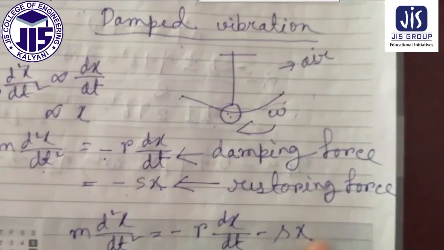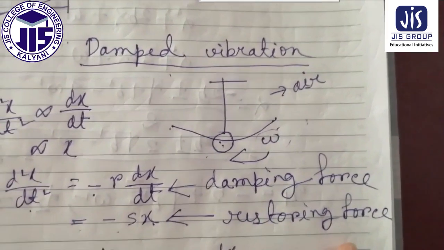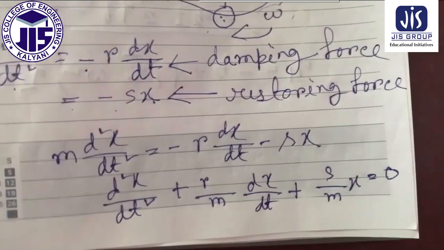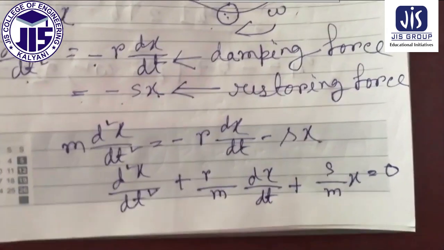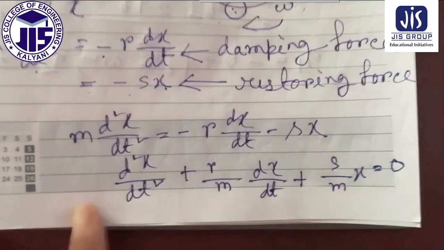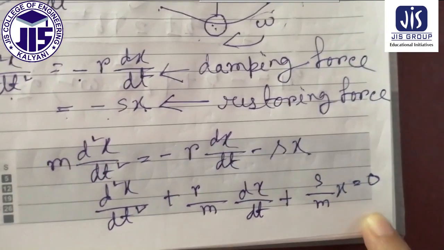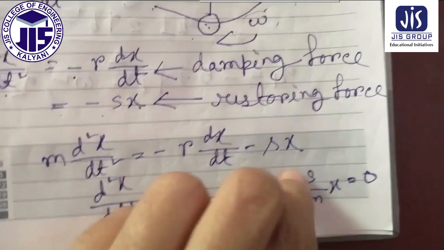This is called the restoring force. So if we add them, we finally get this equation, d2x dt square plus r by m dx by dt plus s by m x equal to 0.